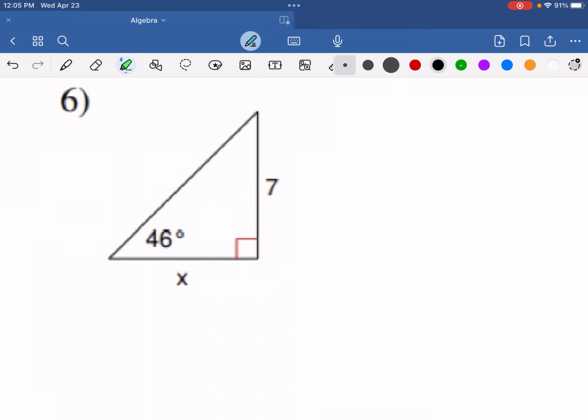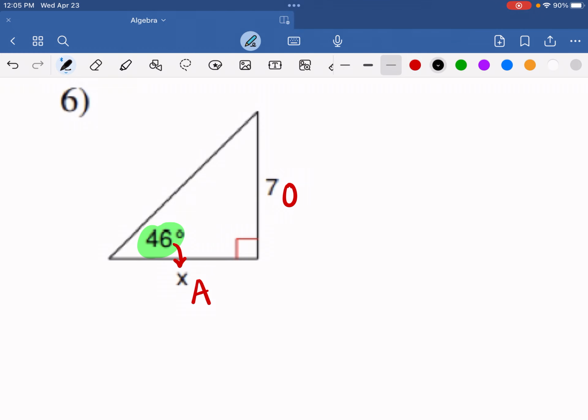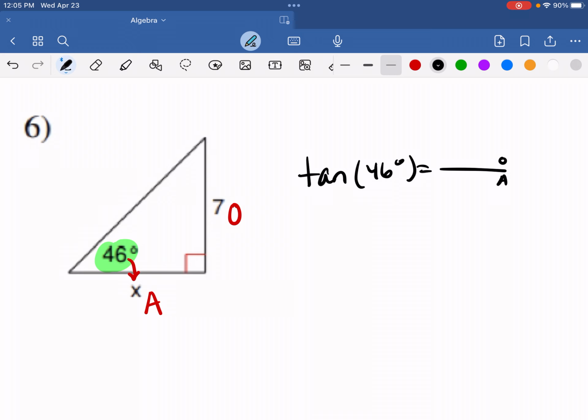And for the last one, we're at 46 degrees. The longest side is H. That'd be the diagonal. What's next to 46? That would be X. And then across is O. Okay, we are going to cross out the blank one, which is the H. On this one, which one uses O and A? That would be tangent. So you have to use tangent. Tan 46 degrees is equal to O and A. O is 7, A is X. Again, when X is on the bottom, they switch places.